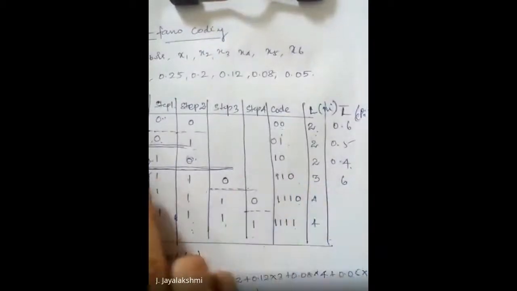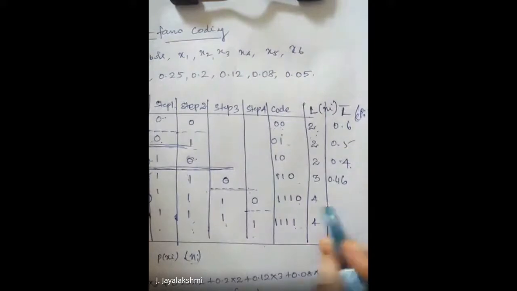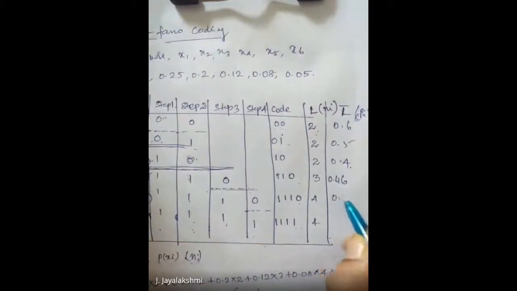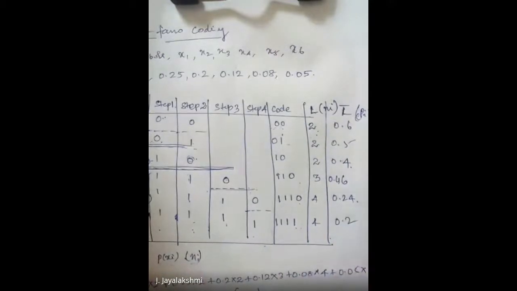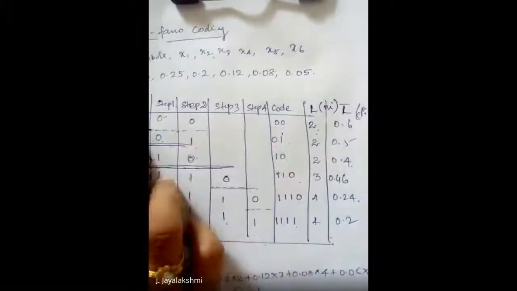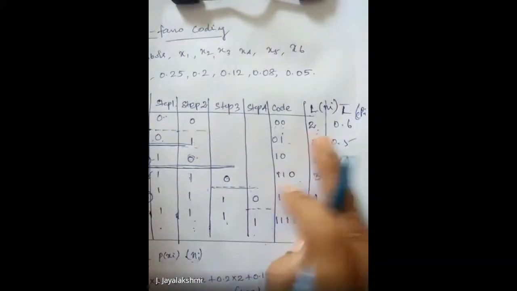How much is it? 3 2s are 6, 3 1s are 3, so it is 0.36. 0.24, 0.2. Like that, you can directly multiply the probability and the number of bits in the code, so that you get L bar.